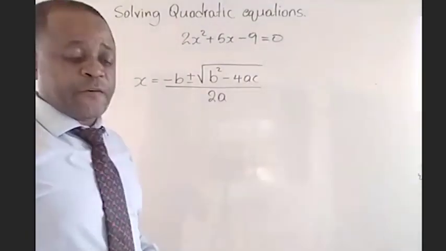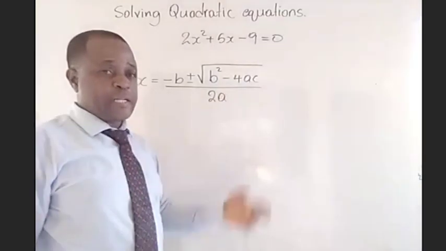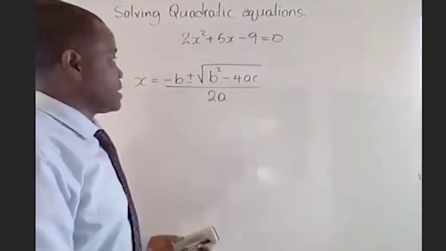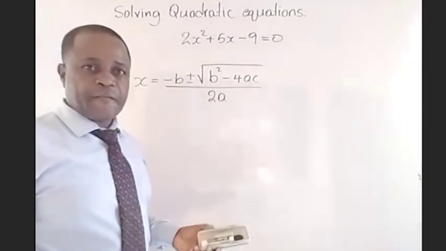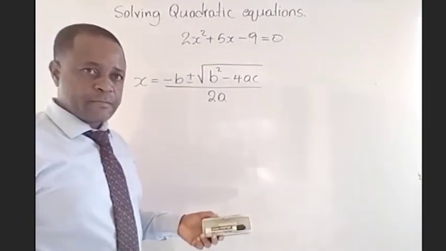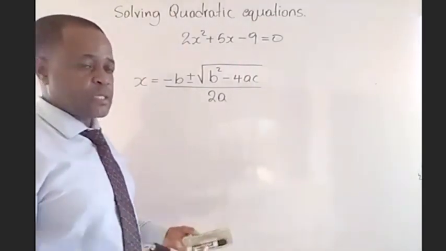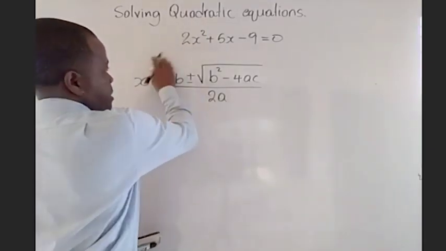Now, there's no need for us to try factorization because we already proved that it cannot be solved using factorization. So what is it that we need to do now? We need first to identify our A value, our B value, and our C value. So that's what we're going to identify first and foremost. So I'm just going to put it right here.